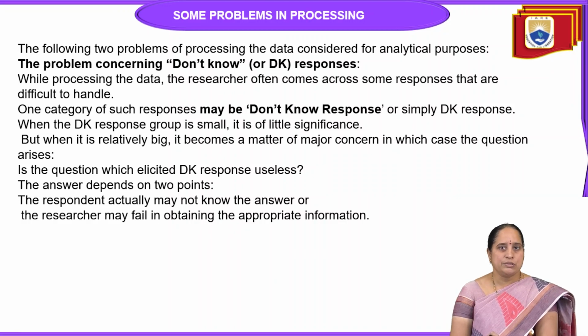One category of such responses may be the don't know response, or simply DK response. When the DK response group is small, it is of little significance. But if the DK response group is relatively big, it becomes a matter of major concern.